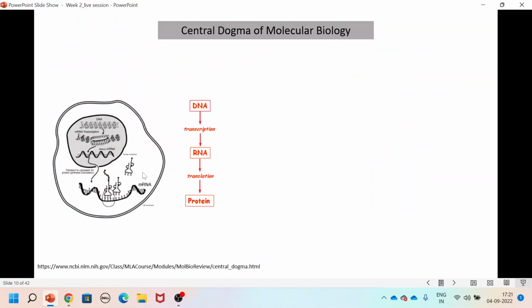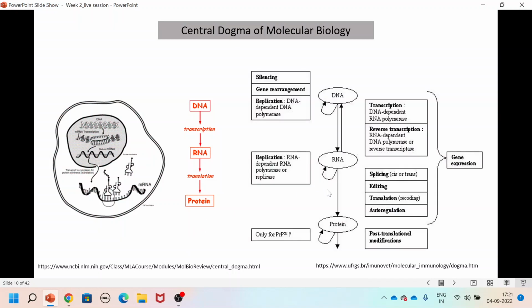The next concept, which was introduced by Professor Ganesh, was the central dogma of molecular biology. So the classical concept of central dogma of molecular biology states that the DNA gets transcribed into the RNA by the process of transcription. This RNA then, by the process of translation, leads to the formation of the protein.